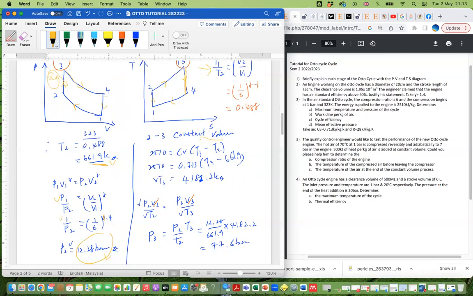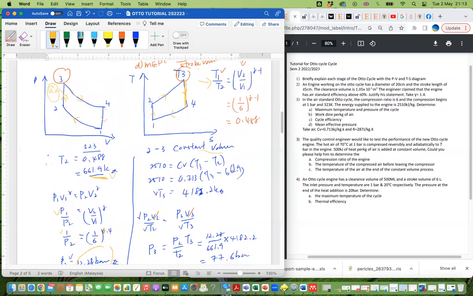Okay, so we know that T3 is bigger than T2, so this equation is correct. We plug in all the information and we're able to find our T3.